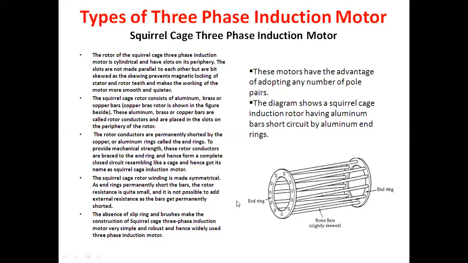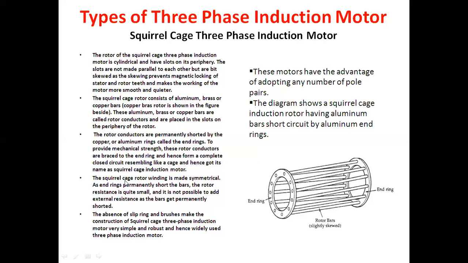To provide mechanical strength, these rotor conductors are braced to the end rings and hence form a complete closed circuit like a cage, and hence it got its name, squirrel cage induction motor.